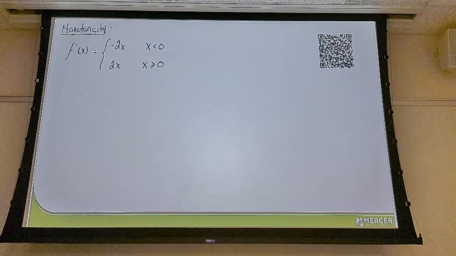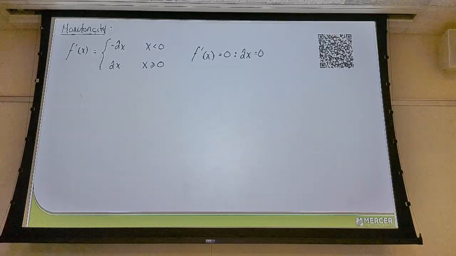Is that undefined anywhere? So set it equal to 0 and solve. That means 2x has to be 0. So what's x? 0.